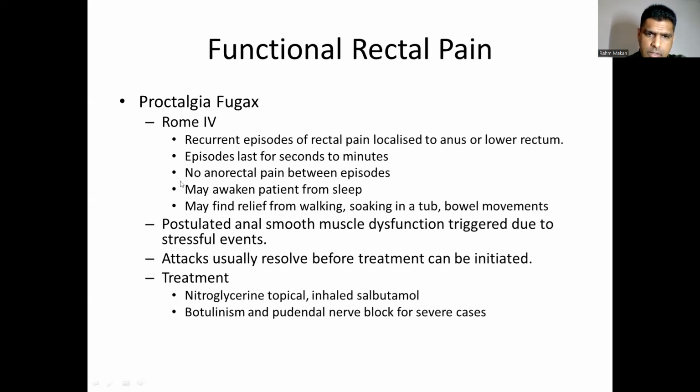These patients may find relief from walking, soaking in a tub, and bowel movements. It's postulated to be due to anal smooth muscle dysfunction that may be triggered by stressful events or emotions. These attacks usually are very transient, and they resolve before treatment can be initiated. However, the treatment that is suggested is nitroglycerin topical ointments, inhaled salbutamol as well, and in very severe cases, one may consider botulinum toxin or a pudendal nerve block.